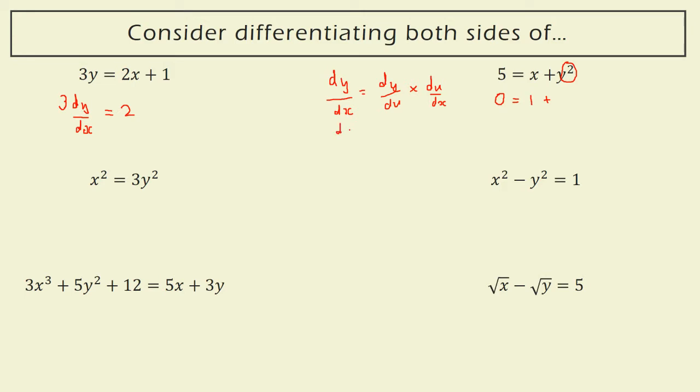If I want to differentiate y squared with respect to x, what's that going to be equal to? Well, the chain rule says I can differentiate it with respect to y. All right, we're going to differentiate it with respect to y, and then we can multiply by dy by dx.